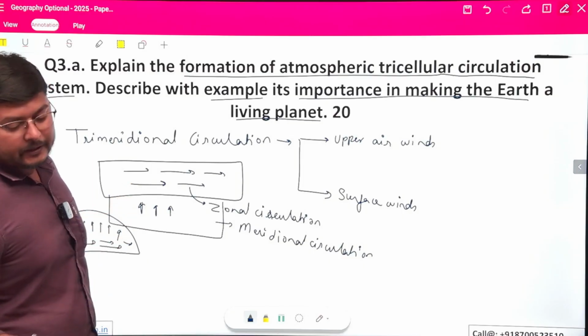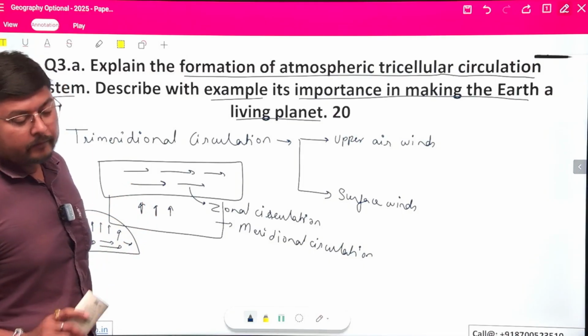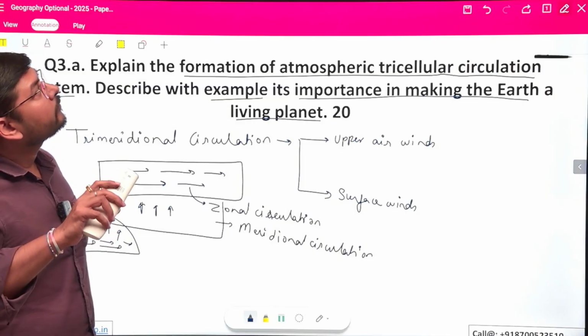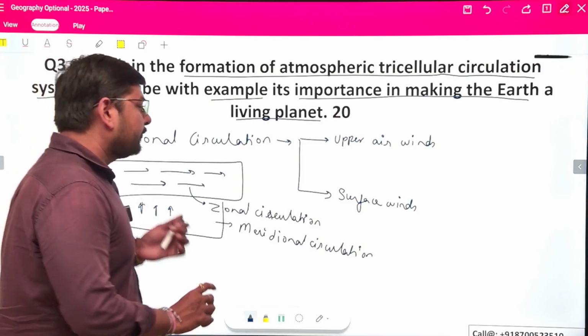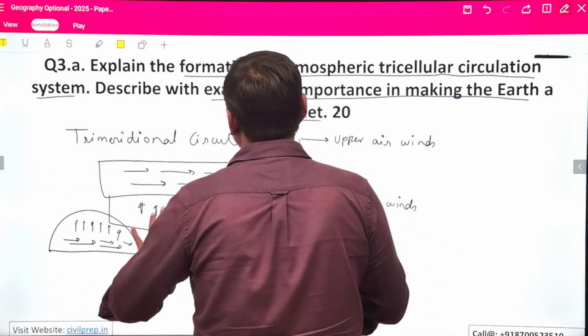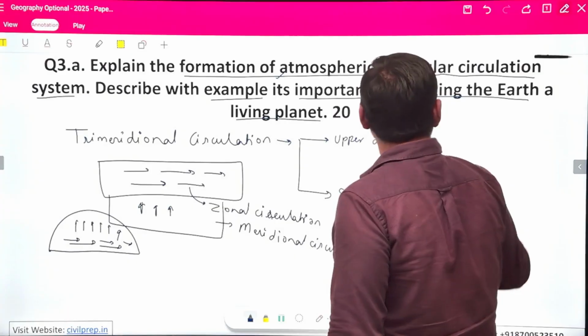So first we need to explain the formation of the atmospheric tri-cellular circulation.